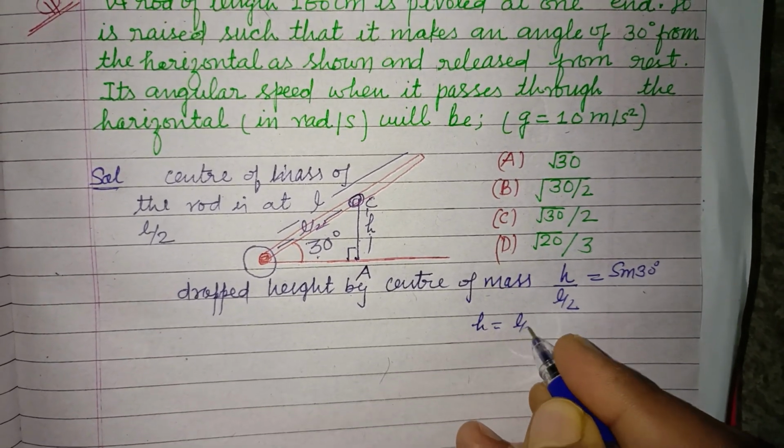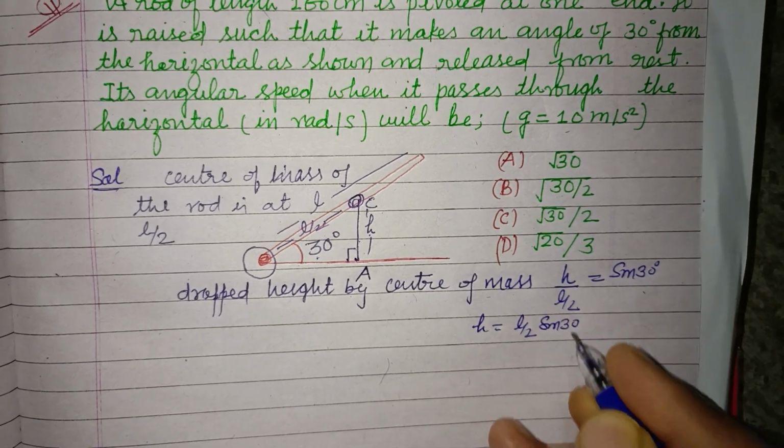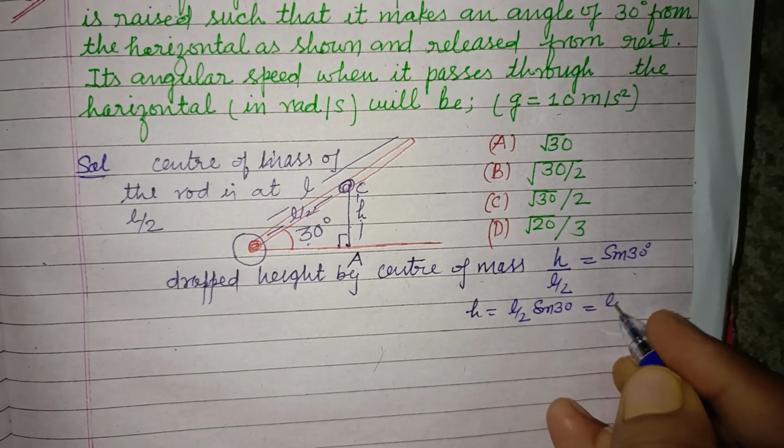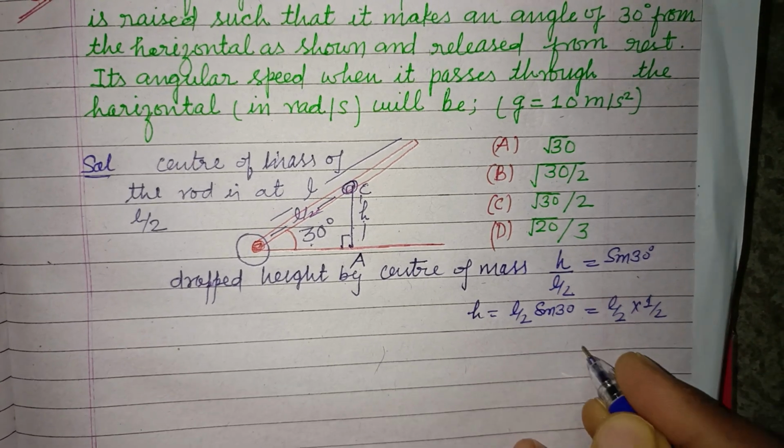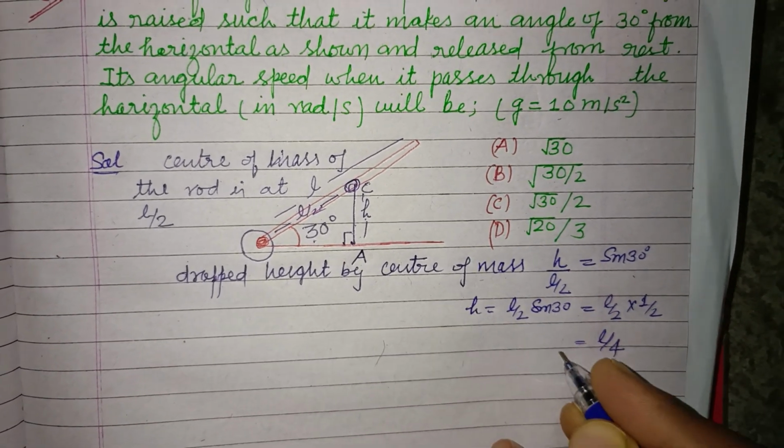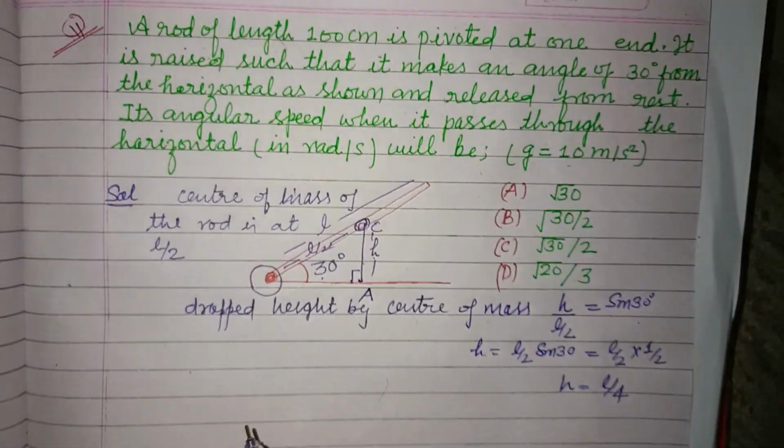Therefore H equal to L by 2 sine 30, or L by 2 into 1 by 2, that is L by 4. So H equal to L by 4.